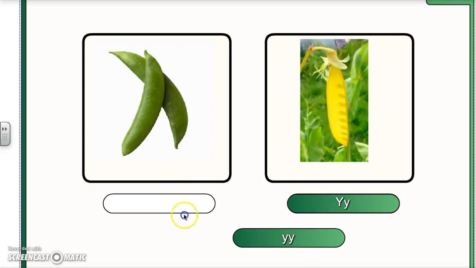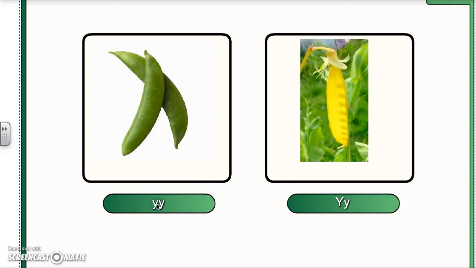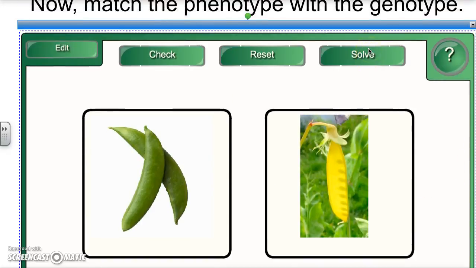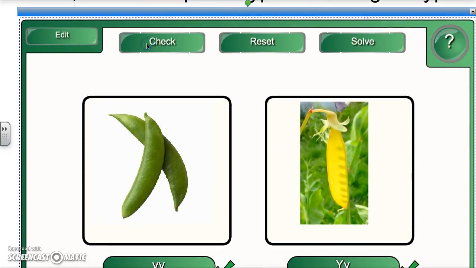Hopefully the student would recognize that the little y's each stand for green, and they're both recessive, so it would apply to the green pea plant, while the capital Y stands for the dominant yellow trait and masks this green recessive trait. Then they can check their answer, and they're correct.